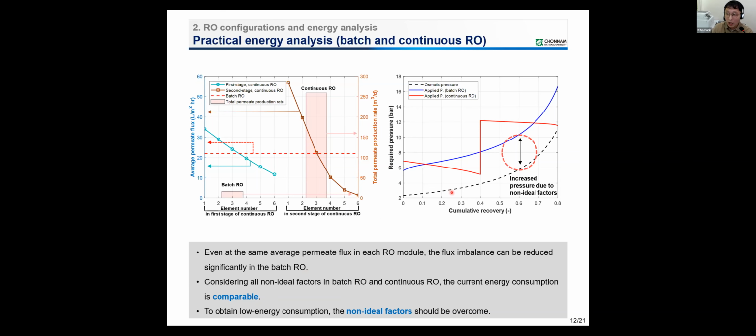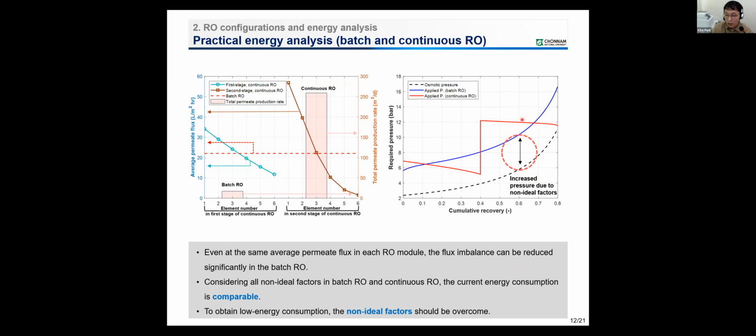However, considering all of the non-ideal factors in the batch RO system and the continuous RO system, the current energy consumption is denoted by the area below each line, compared to the osmotic pressure, which is definitely the theoretical minimum energy. The actual batch RO energy consumption is quite a bit higher because of the increased pressure due to non-ideal factors.